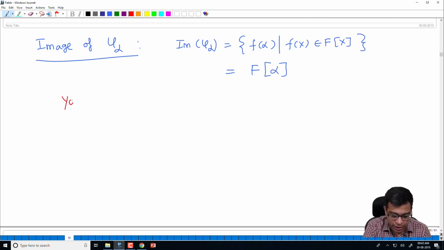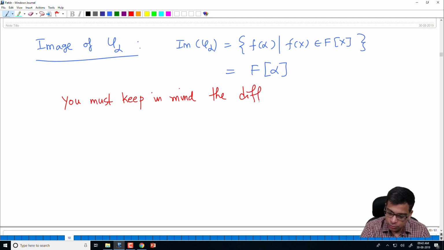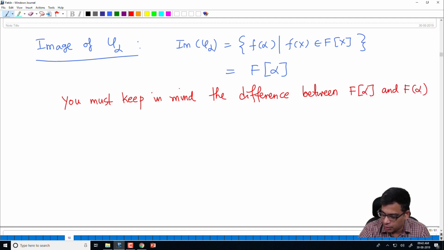You must keep in mind the difference between F square bracket alpha and F round bracket alpha. The difference is that F square bracket alpha is obtained by taking polynomials over capital F and evaluating them at alpha and taking all the elements. So of course this is in K.